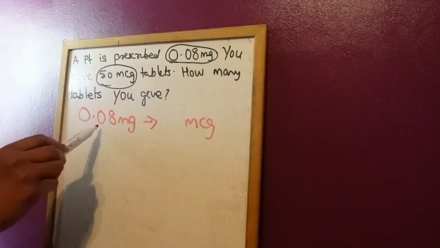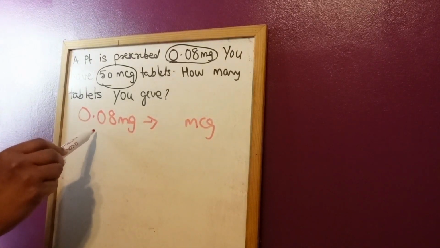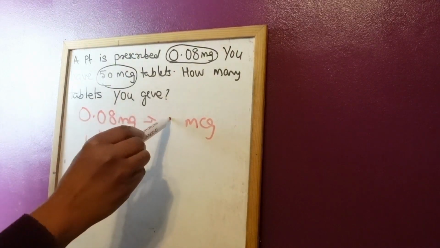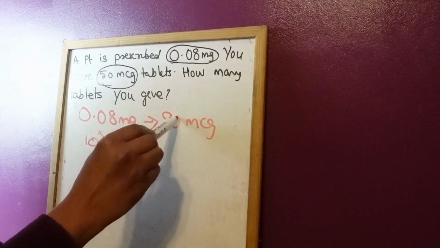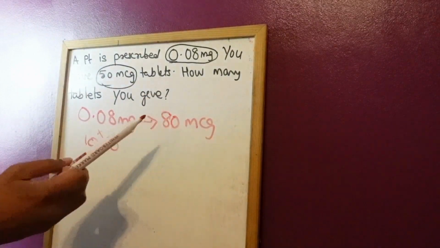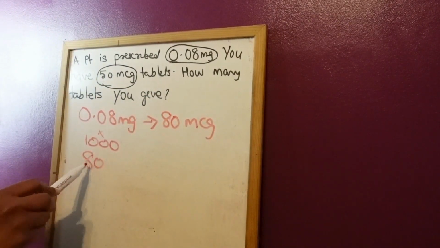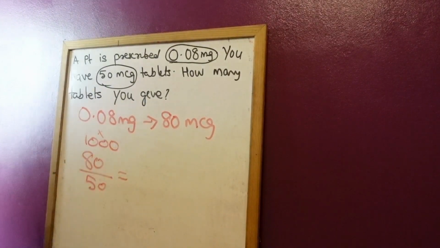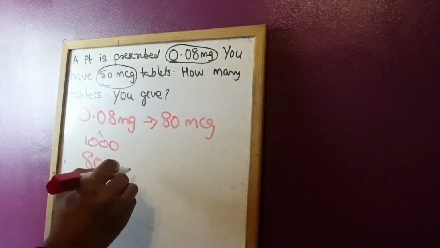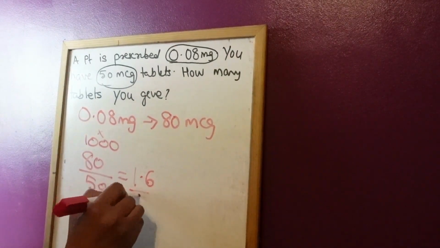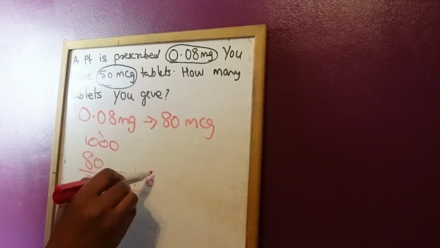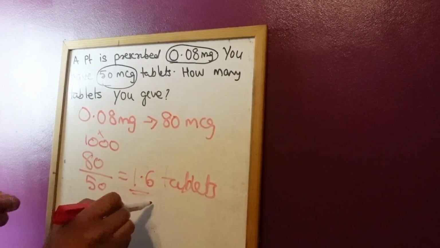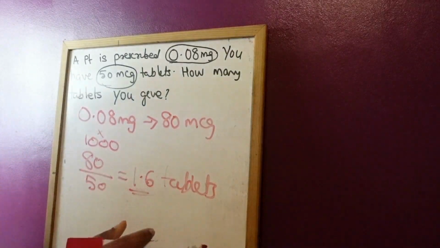If you multiply 0.08, you will get 80 microgram. So 80 microgram you need to give. So 80 divided by 50. So how many tablets do you need to give? Let's calculate. You have to give 1.6 tablet. You can't give 1.6 tablets, so 1.5 tablets. This is only, I just made it up, for calculation basis only, so don't worry.